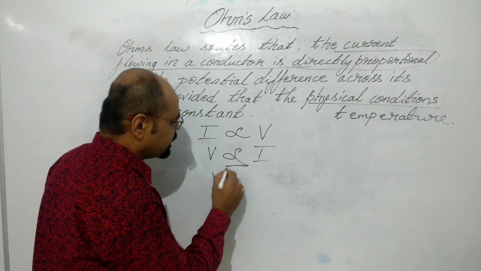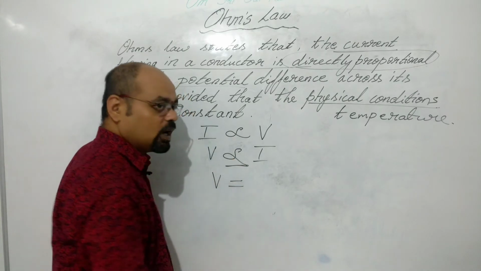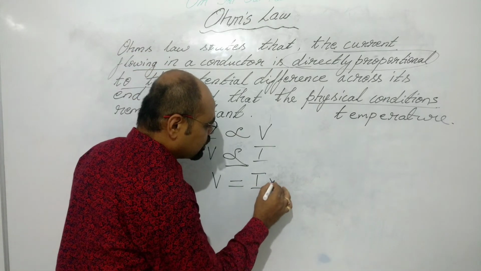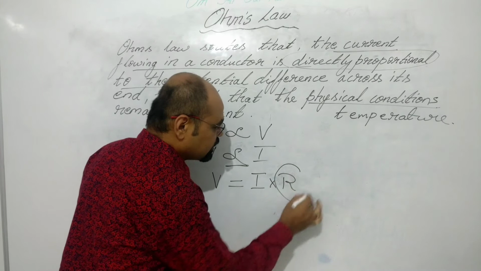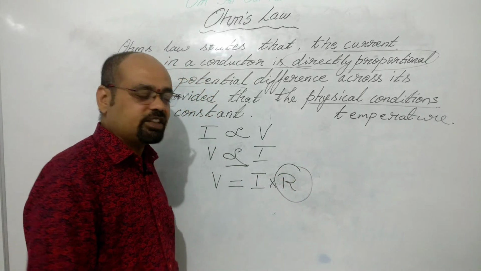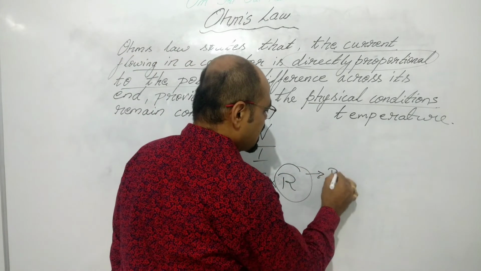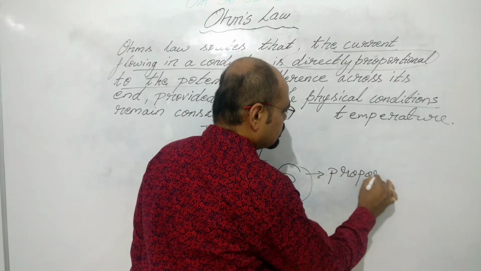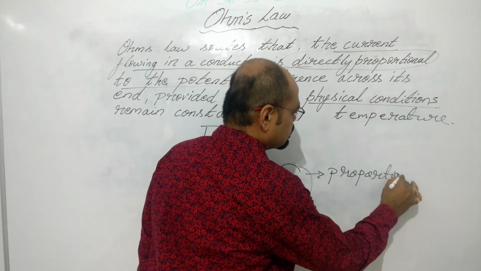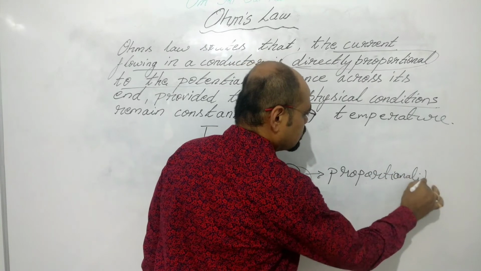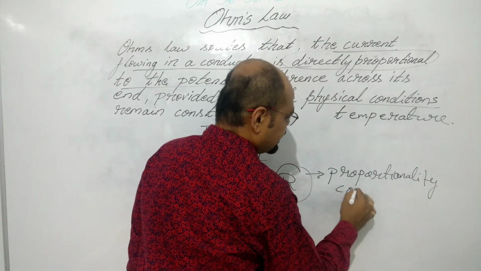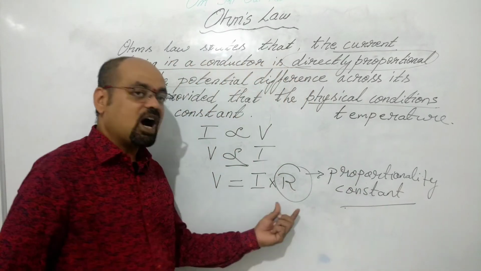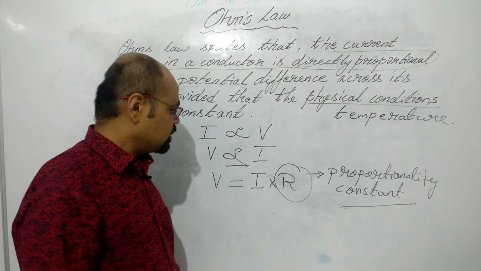That is, when we remove this proportionality sign and write equal to, we can write here I into R. This R is a proportionality constant. R refers to proportionality constant.